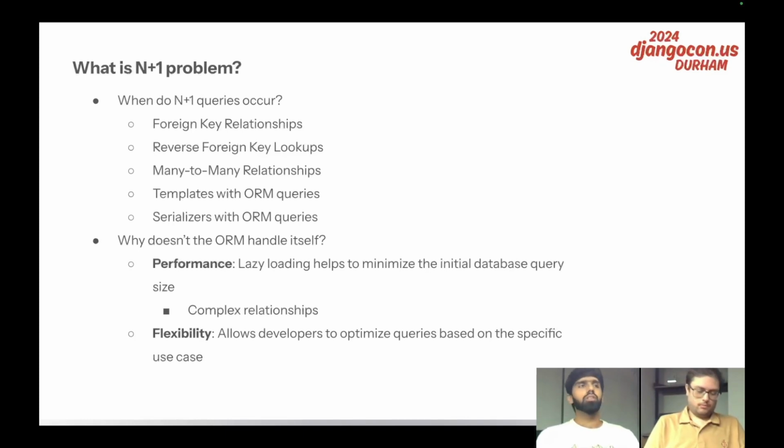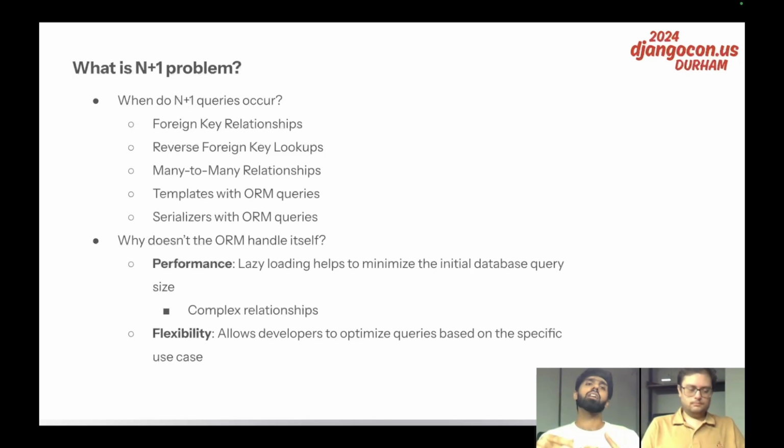Let's move forward to the actual problem that we'll be dealing with: the N+1 problem. The N+1 problem is where we have a single query for our actual database model, and in turn it also makes n queries, where n stands for the number of related records.